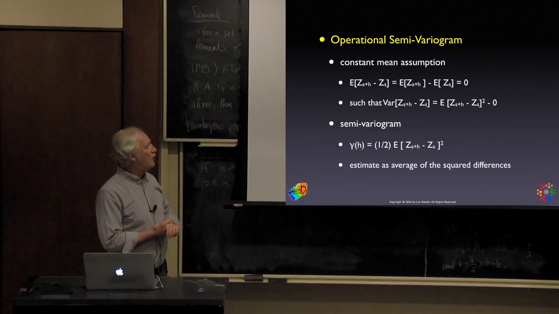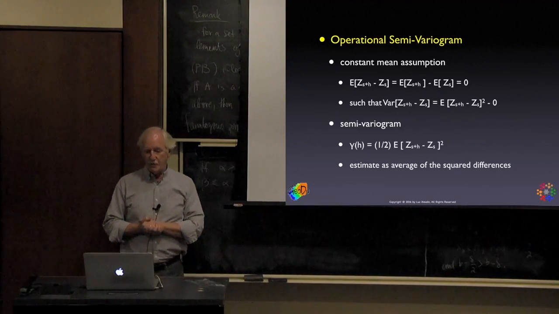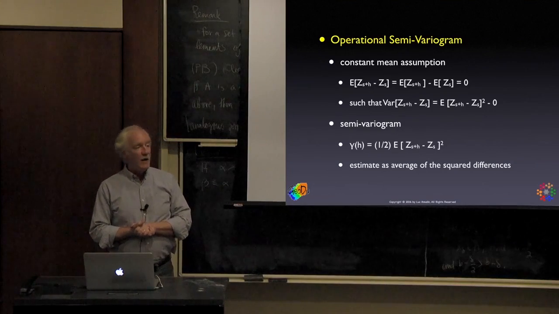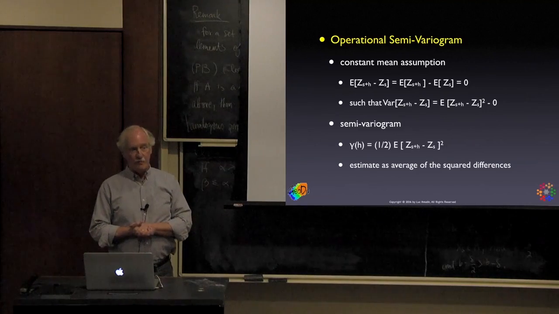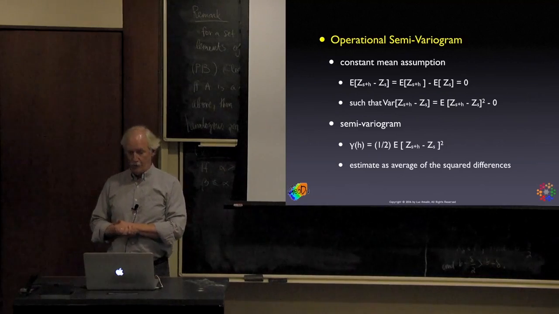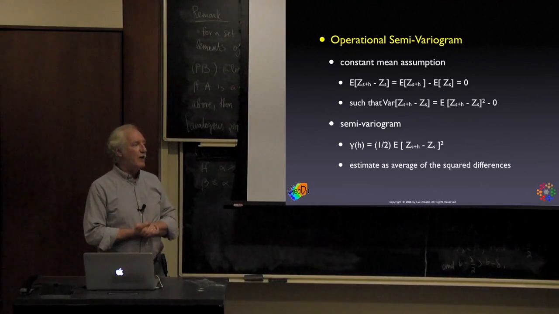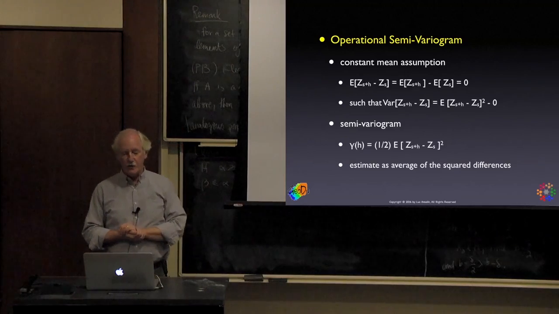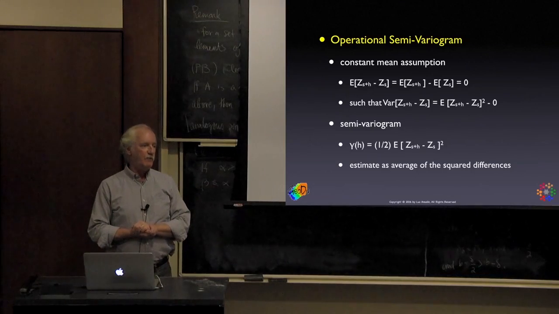The variance of the difference between these two random variables is the expected value of their square, minus the square of their expected value. And their expected value we just saw is 0. So the only thing that matters is this first term, the expected value of the square. So for all practical purposes, the semi-variogram, gamma h, is 1/2 the expected value of the square difference.